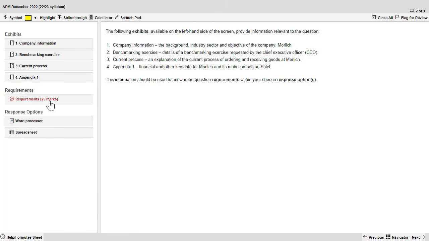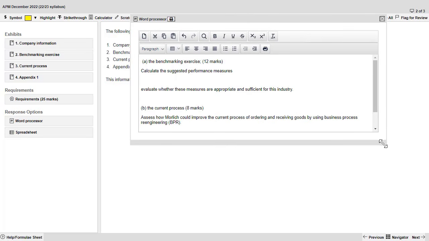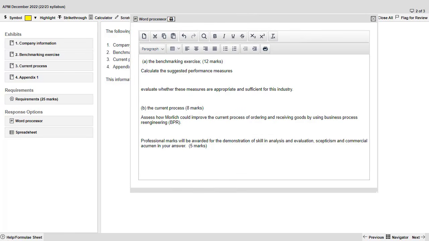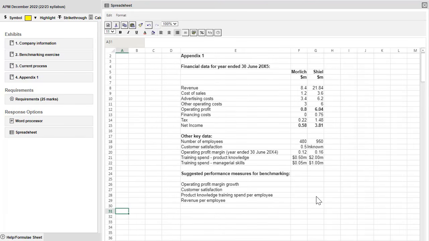We've also found the embedded requirements and we've set up our word processor, ready to go. We've found the request for spreadsheet work, calculate those metrics, and we've set up our spreadsheet with the exhibit.